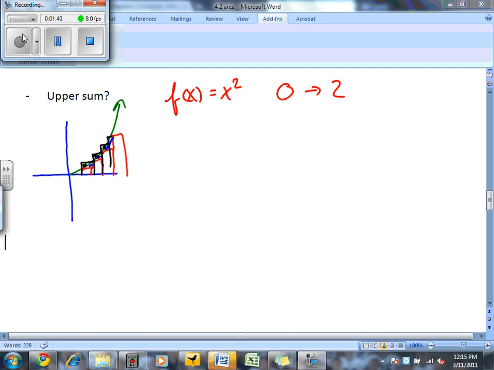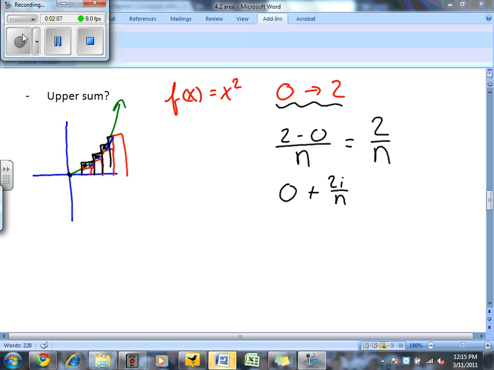If you remember, we found our range: we're going from 2 minus 0, all over n, since we were breaking it into n intervals. So my intervals are going to be 2 over n. And we said that our starting point is going to be 0, because that's the far left where we're starting, plus 2i over n.